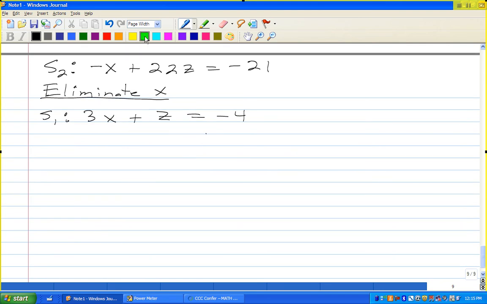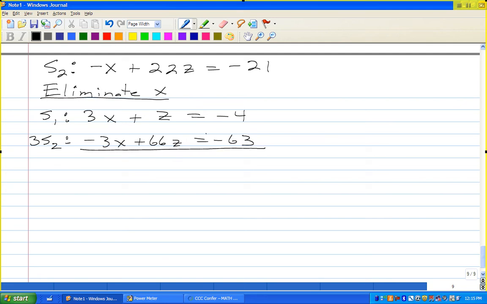S2 is a minus x. So I'm going to multiply this by 3, because there's a 3 here, and I'm going to multiply this guy here by a 1, because there's a 1 in front of this x. So minus 3x plus 66z equals negative 63.